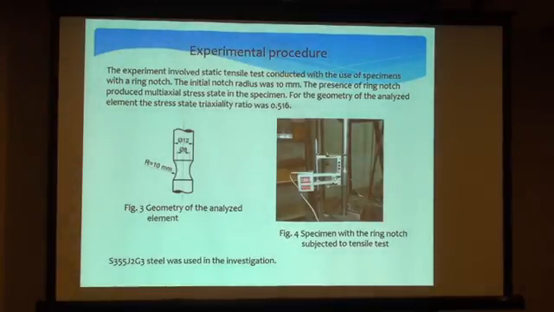The program of investigation involved tensile static tests of the specimen with a notch. The dimensions and the shape are given in the third picture. The presence of the notch produced complex triaxial stress states in the specimen.